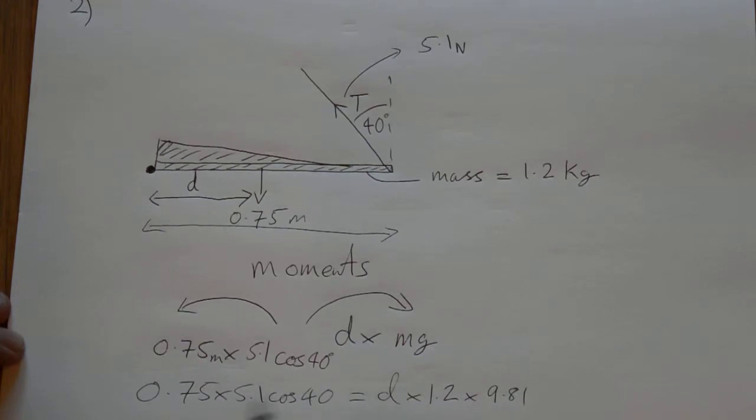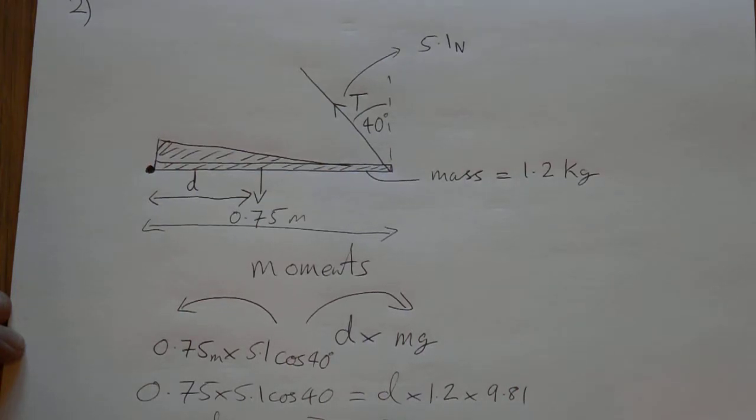And then we just simply rearrange that to get d on its own is equal to 0.75 times 5.1 cos 40 all over 1.2 times 9.81.